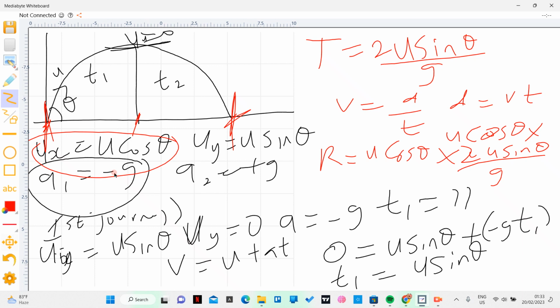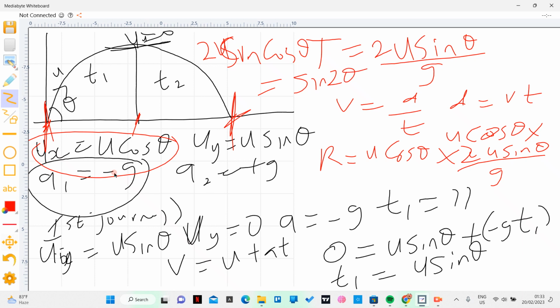You're going to get 2u squared sine cos theta all over g. Now, take note that 2 sine cos theta is equal to sine 2 theta.